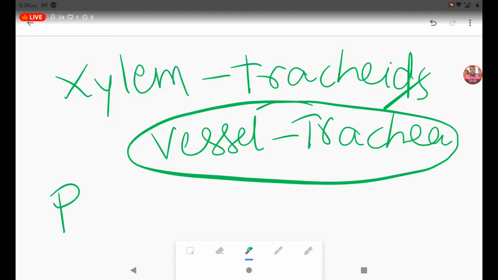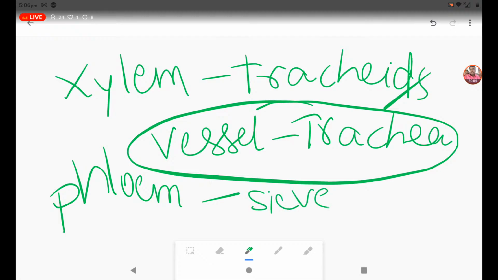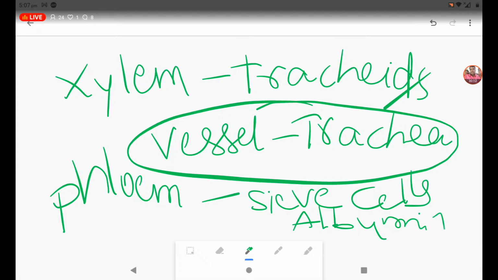If you go for the phloem, generally sieve cells and albuminous cells are present in pteridophytes and gymnosperms. Albuminous cells are present only in phloem.